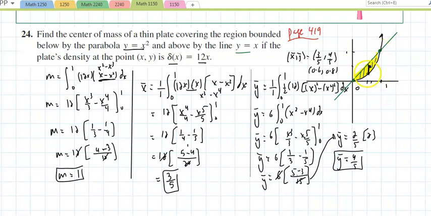Something's not right. Let me just double check that really quick. Yeah, somehow it's, oh, I see. I forgot again. This is actually 12x. You guys didn't say anything. So everything's the same except there's an x there.